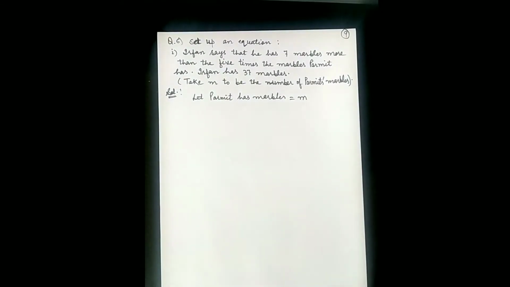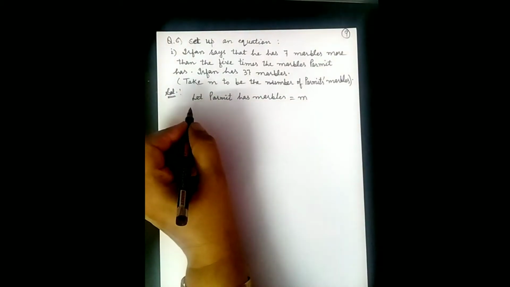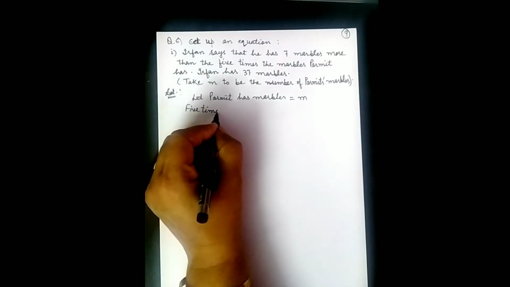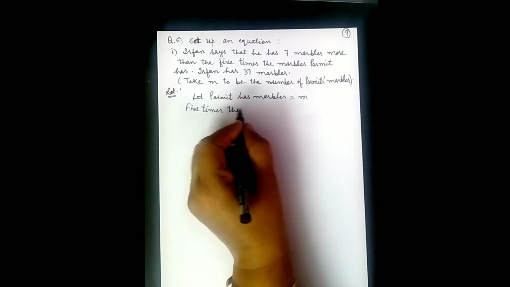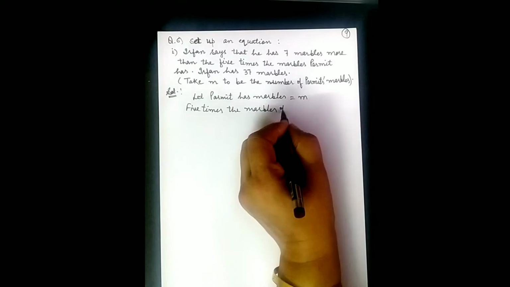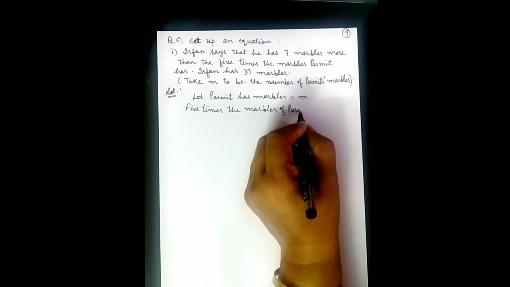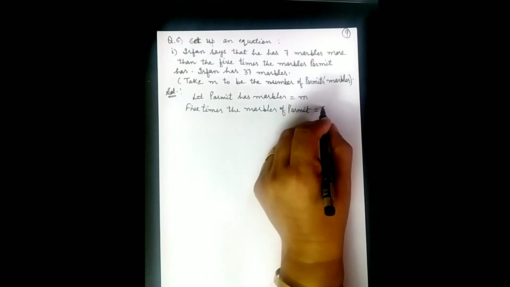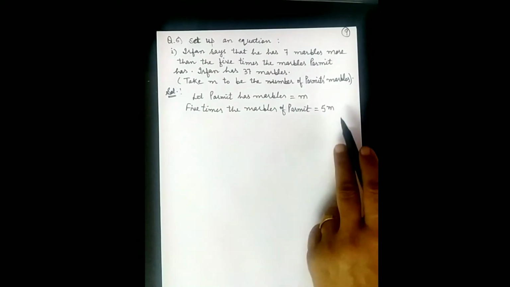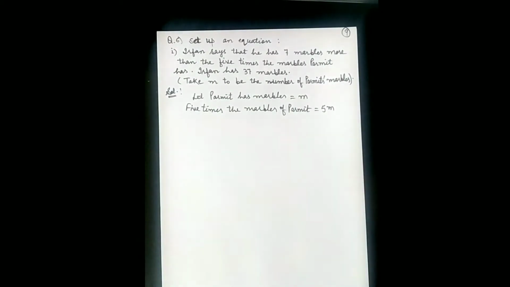Let Parmeet has marbles is equal to M. Now, 5 times the marbles of Parmeet is equal to 5M.